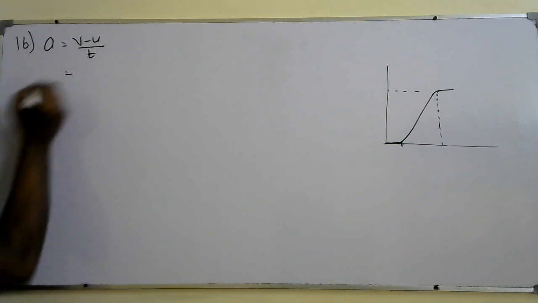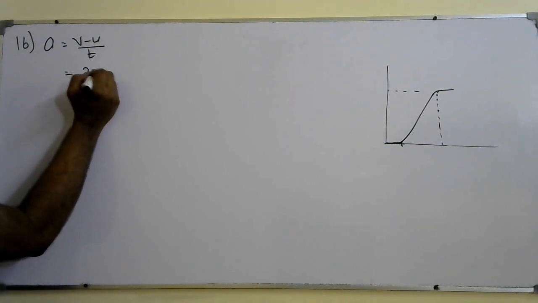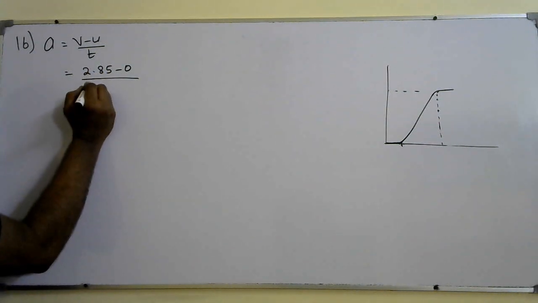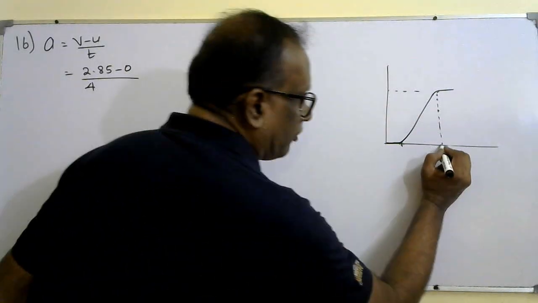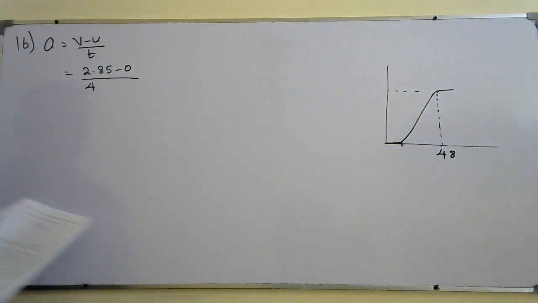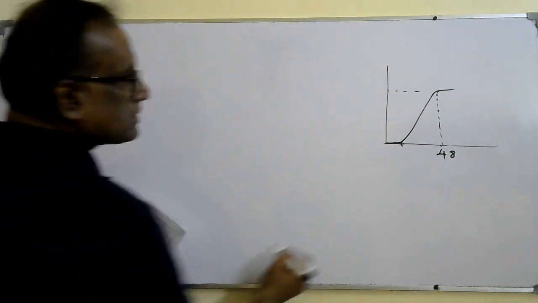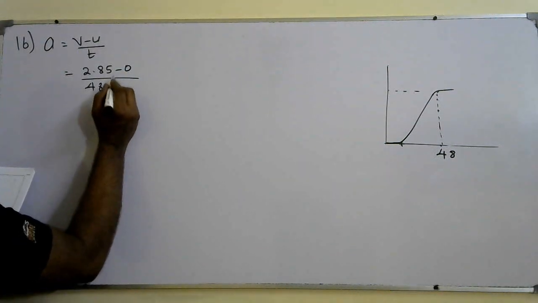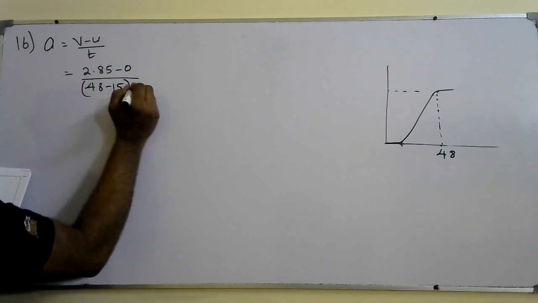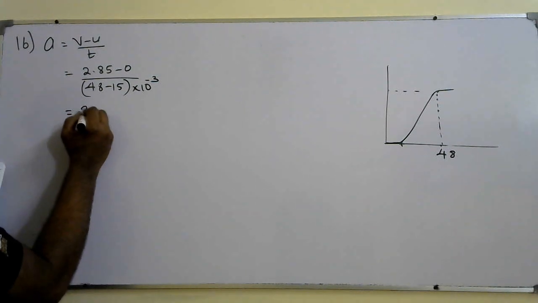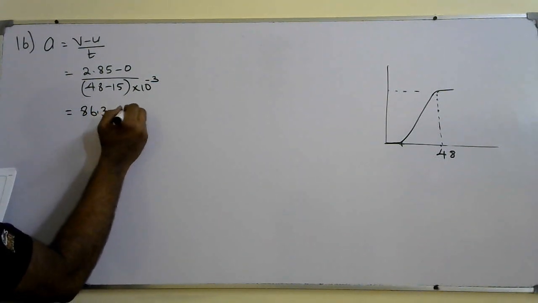From the graph, 2.85 minus 0 over 48 minus 15, where 15 is where it starts to move, times 10 to the power minus 3 seconds. So the average acceleration will be 86.3 meter per second squared.